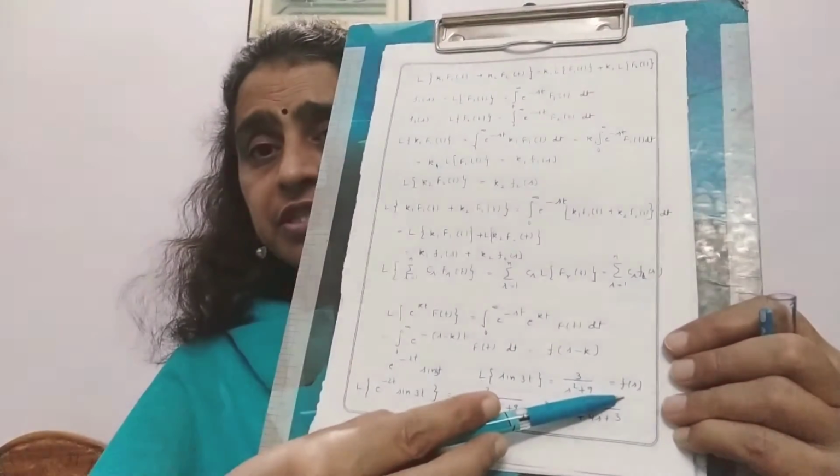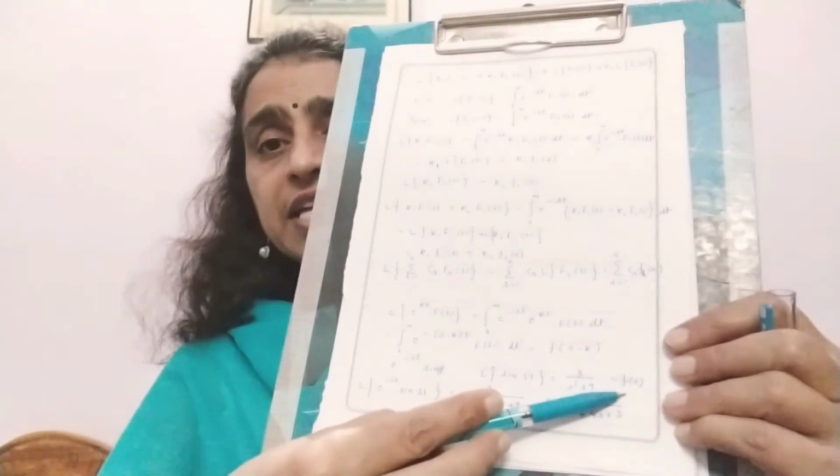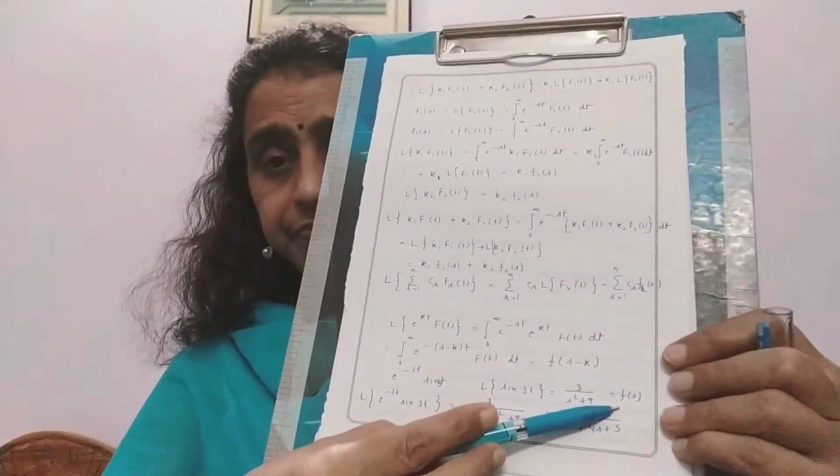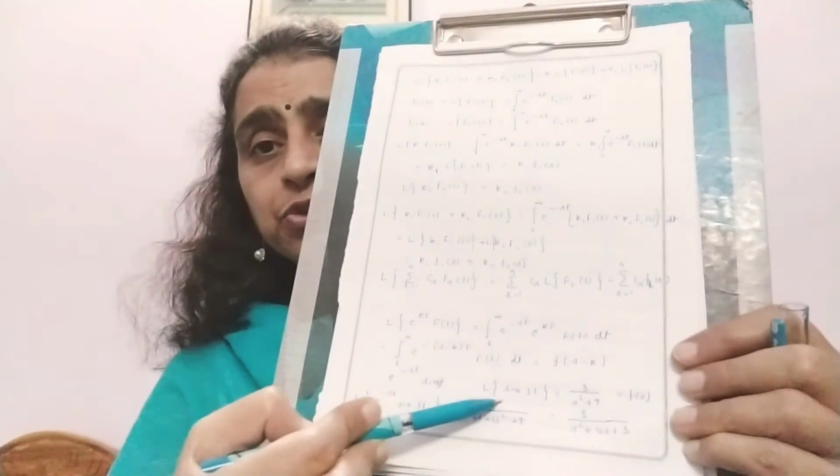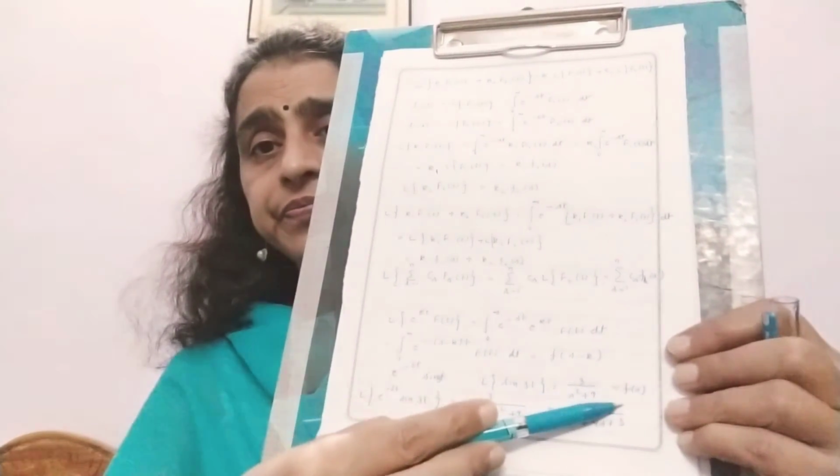And this is F(s). So please note like this. First we have derived the value of a part of the example, which is sin 3t.